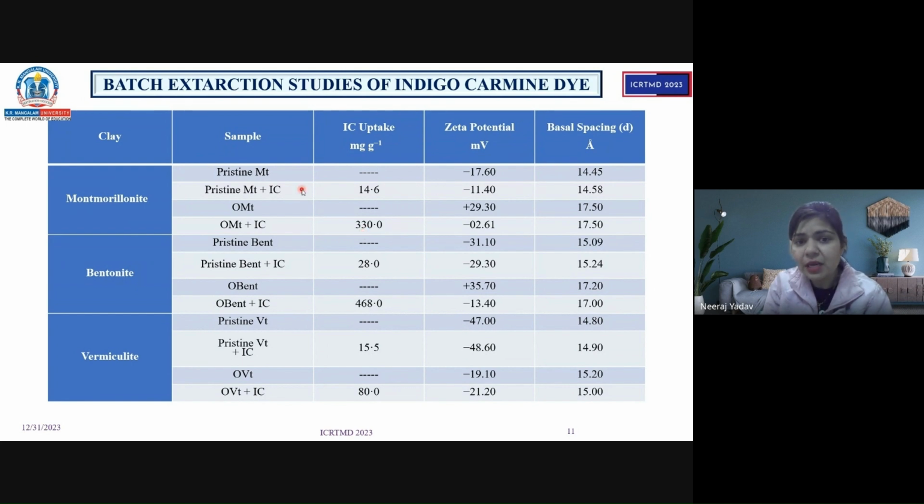In the case of the pristine clay minerals, the adsorption of the dye is found to be less, only 14.6 milligram of the dye adsorbed. Again, the same reason: the dye is anionic in nature and the clay is also anionic in nature, so there is repulsion between the dye and the clay minerals.